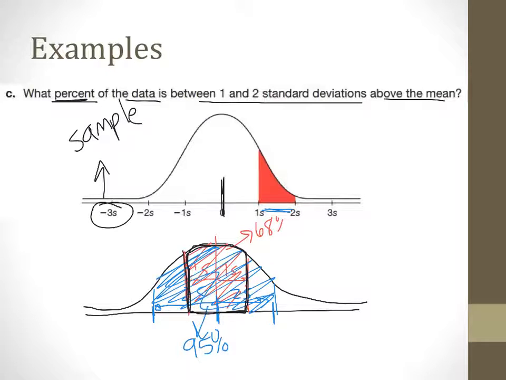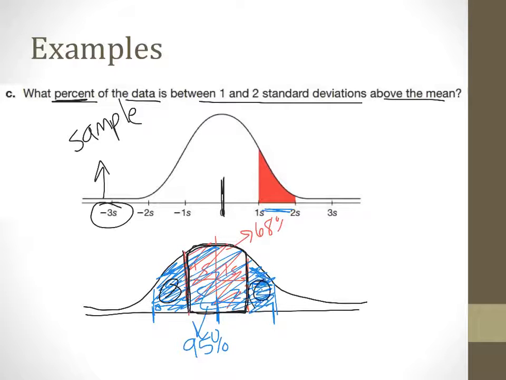So what I'm going to do to set this up is find just the area in these blue areas on the wings outside of the 68%. Well, if you know about area, I can just take this 95% and subtract the red 68%, and that will give me these areas out here.